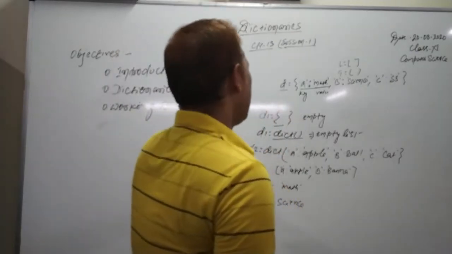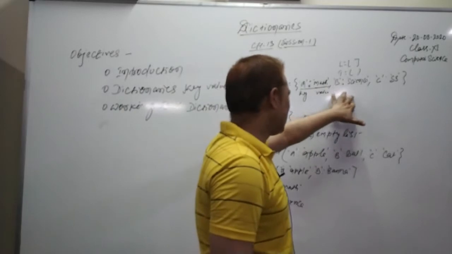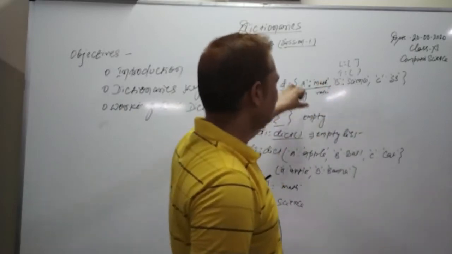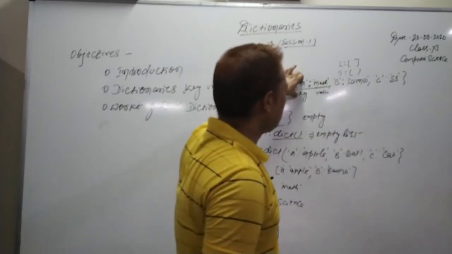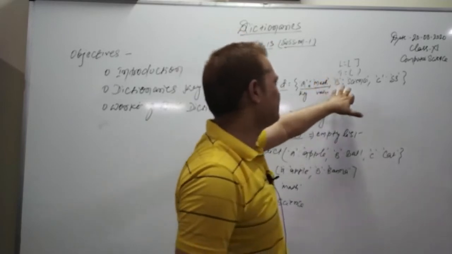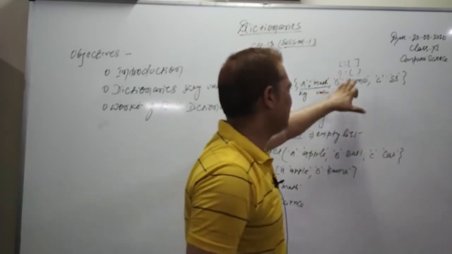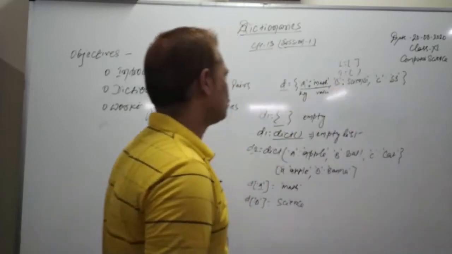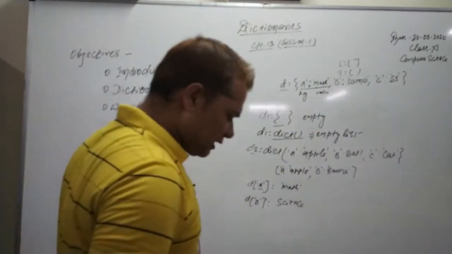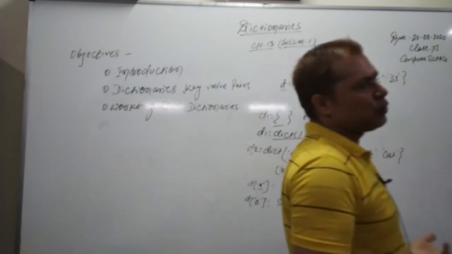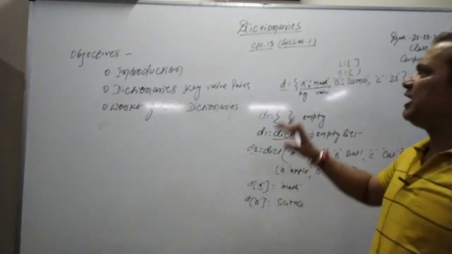And dictionary elements can be of any kind. But mind it, only the key should be immutable, otherwise it may accept a list, a tuple, a string, any number, and anything can be stored in the dictionary. So if you want to store the roll numbers and names of the children of an entire class, a dictionary is very helpful.